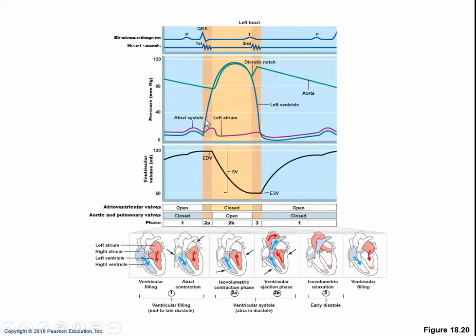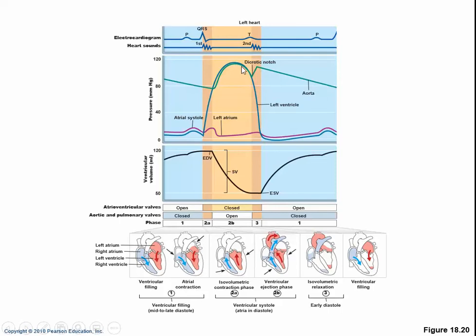Systole starts, pressure goes up very rapidly, going up until it reaches the pressure that will overcome the semilunar valve. The semilunar valve opens. This is the ejection phase. The amount of blood gets pushed out and it's still contracting.